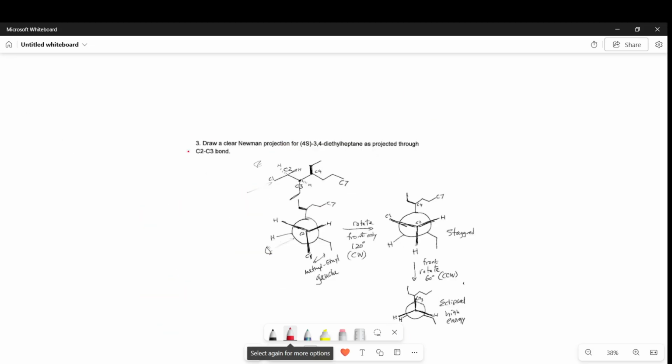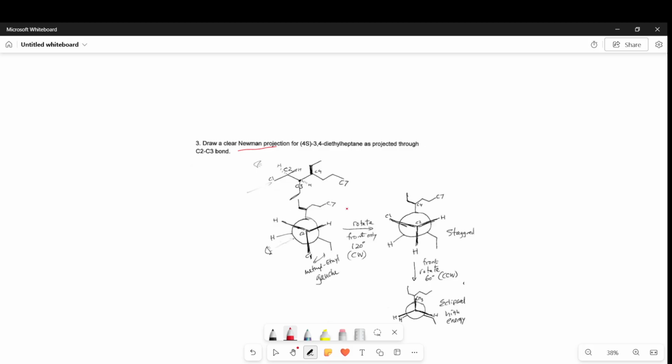Number 3 is asking you to draw a clear Newman projection. This is a question for 4S-3,4-diethylheptane. So this is a compound with 7 carbons, and carbon number 1 is this, carbon number 2, 3, 4, 5, 6, 7. At 3 and 4 we have 2 ethyl groups as substituents.